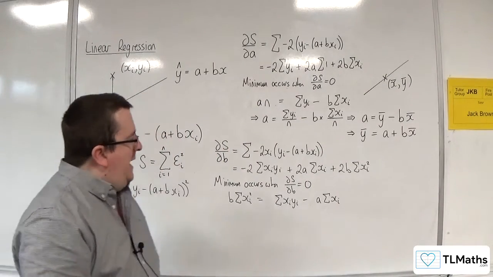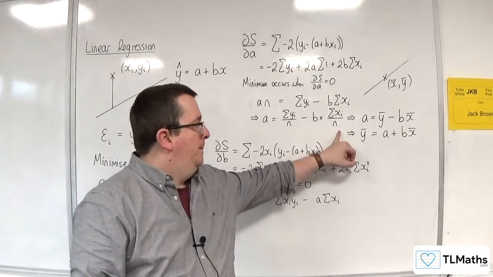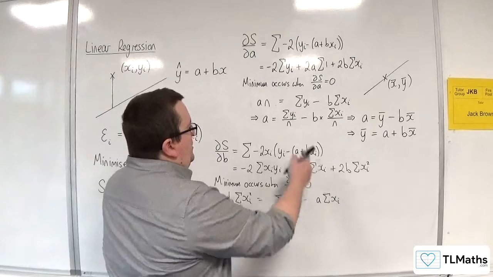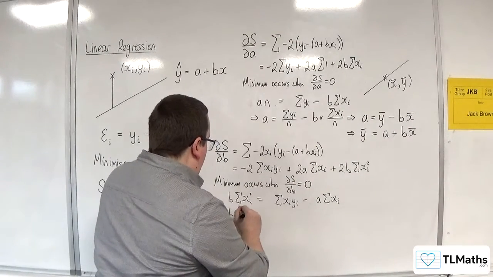Now, the a I worked out here, so I know what a has to be. So I can substitute this in for a. I'm just going to leave the left-hand side the same.